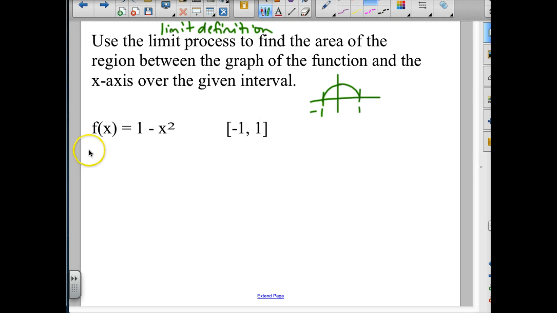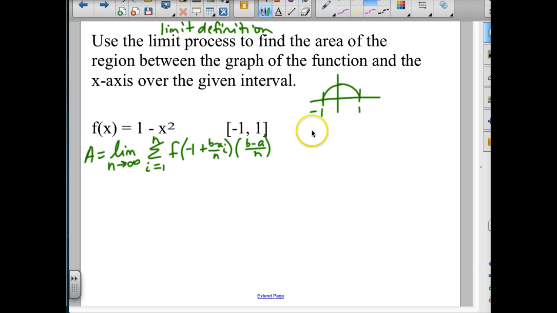Our limit process is this formula. Limit as n approaches infinity of the summation of i equals 1 to n of the function, and since our endpoint is not at 0, we have -1, plus b minus a over n times i, times b minus a over n, and that one's not times i because that width stays the same all the time.